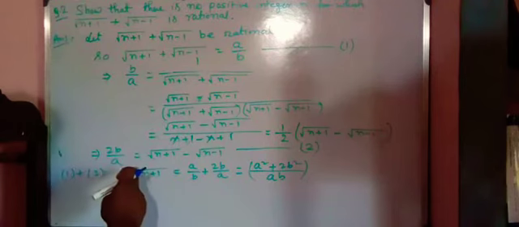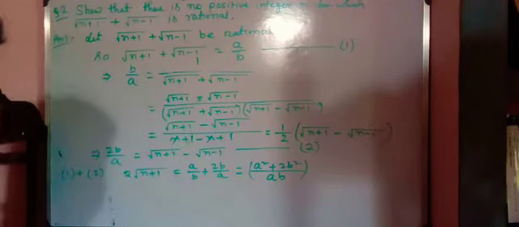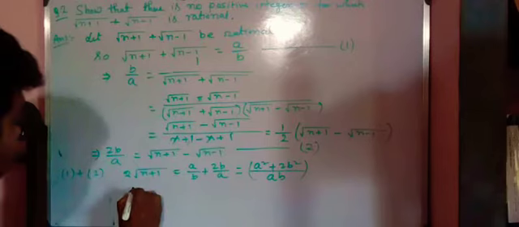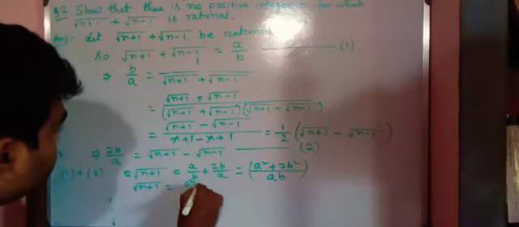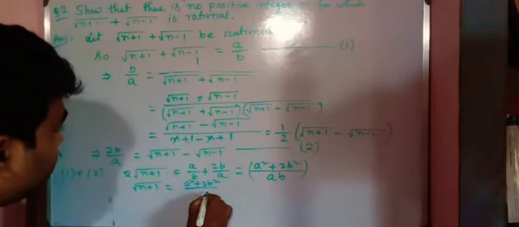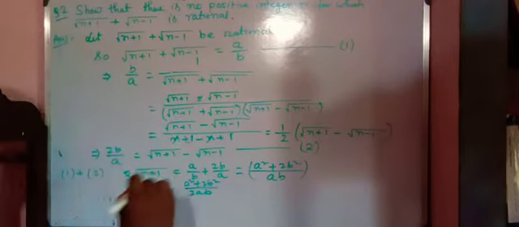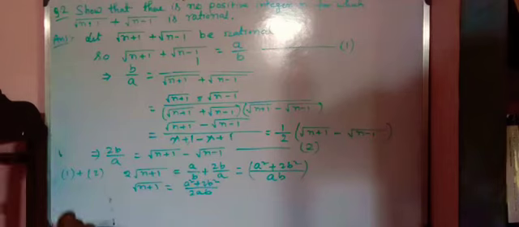So root under n plus 1 should be a square plus 2b square by 2ab. By 1 plus 2 we have to do this.